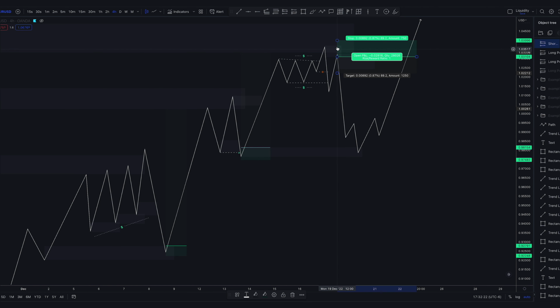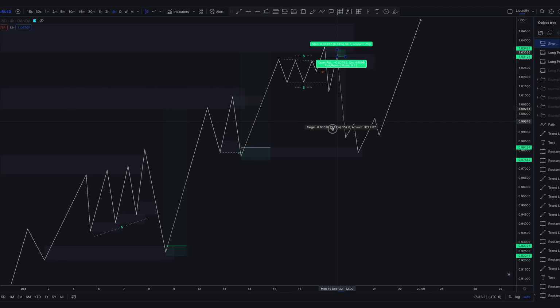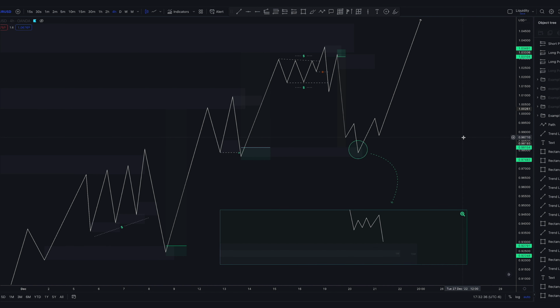We took shorts from there, targeting the lows there, right? And now we approached this last area.